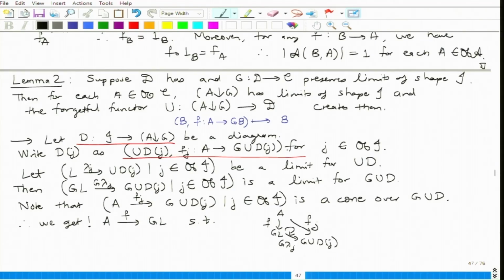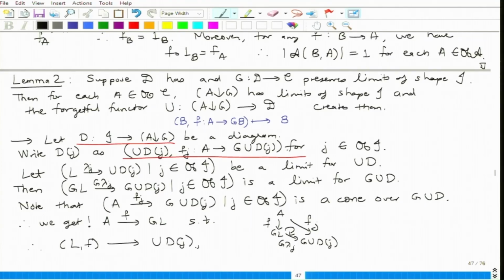Okay, so what do we get? How can you interpret this single morphism F from A to GL as a single object of the arrow category? Do you understand that? This morphism will give you an object of the arrow category. So therefore, what do we have? L comma F to UDJ comma FJ.